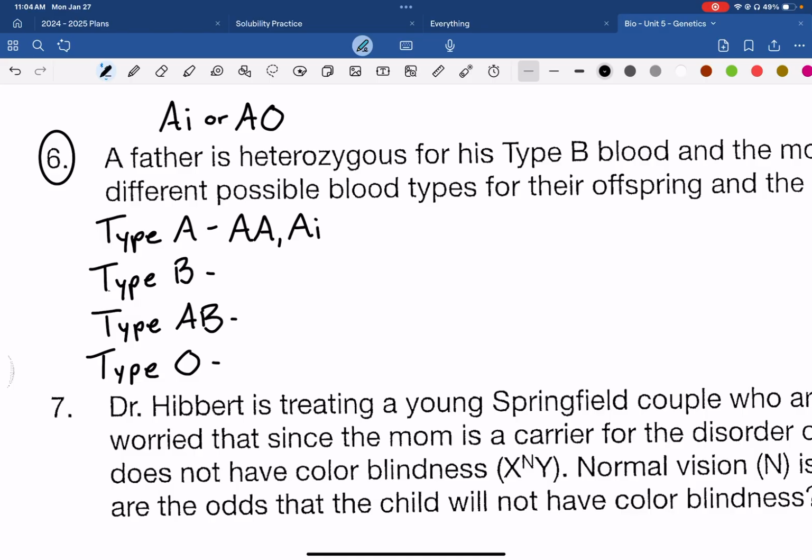It is sometimes referred to as I. Okay? So, type B, the possibilities are BB or BI. For AB, you can only have the A and B alleles, AB. Or for O, you can simply have the O alleles, II.